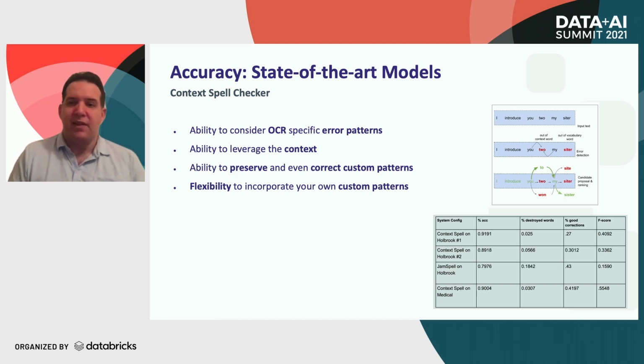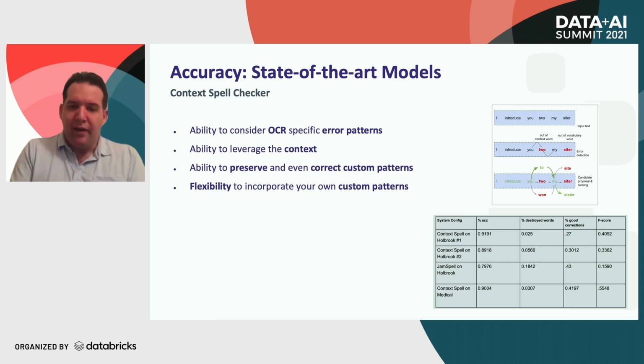So if you have things that only exist within your company, specific jargon like project names, product names, or whatever slang you use, you can add this as custom patterns. And in general, one of the things that I don't talk about here is that for each of those models, assume that you have quite a few features and configurations that are required in real-world use cases. This is really part of having an industry-ready system.